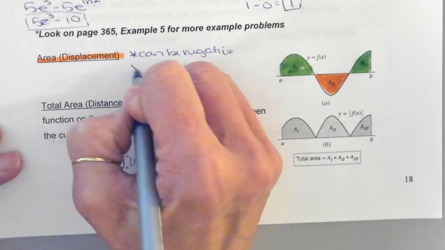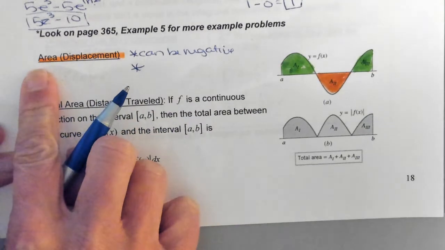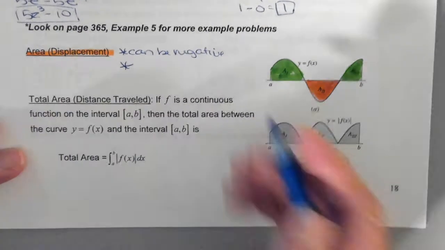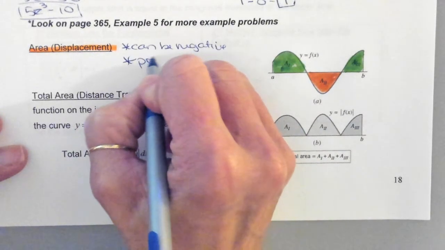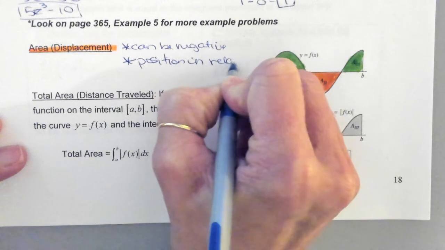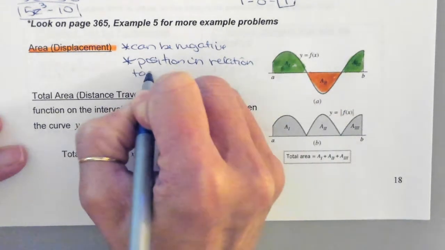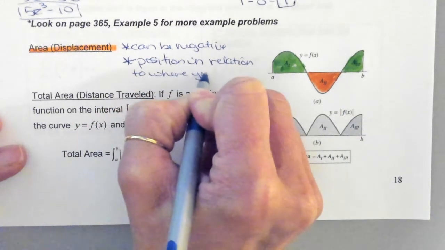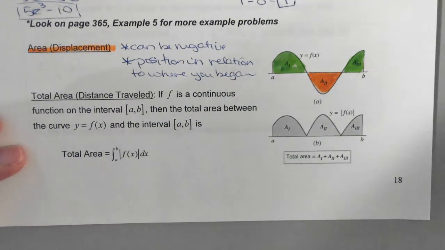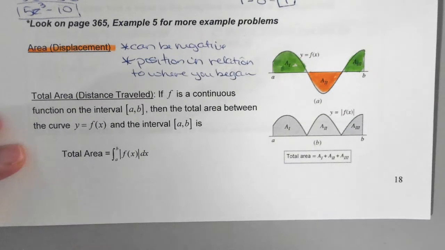And the reason why is when we're talking about just area, which by definition means the displacement, we are talking about the position in relation to where you began. Which means the particle, the car, the person, whatever you're talking about, okay?